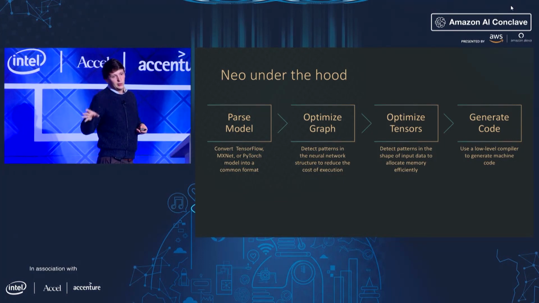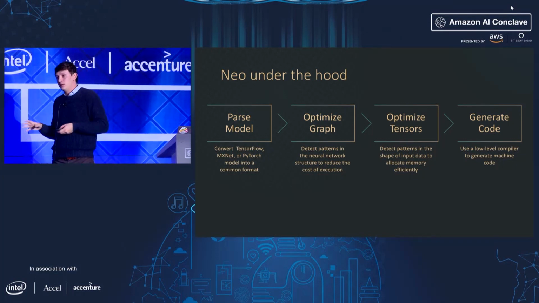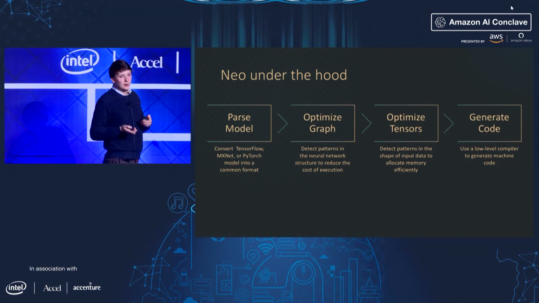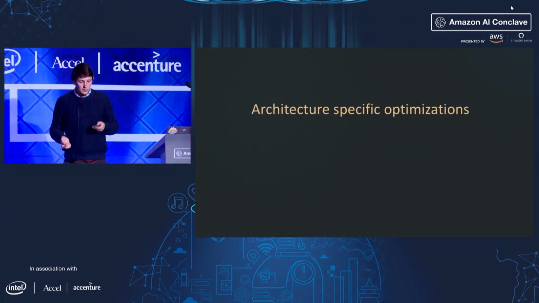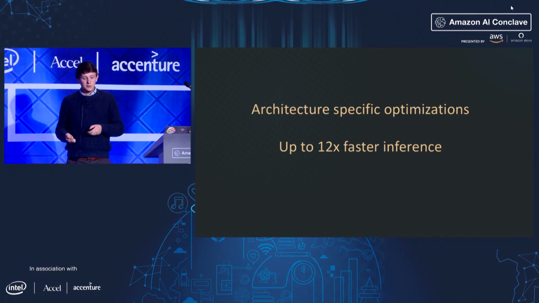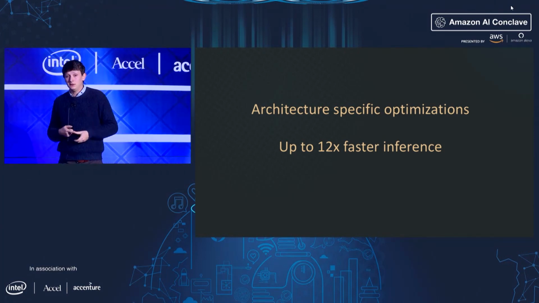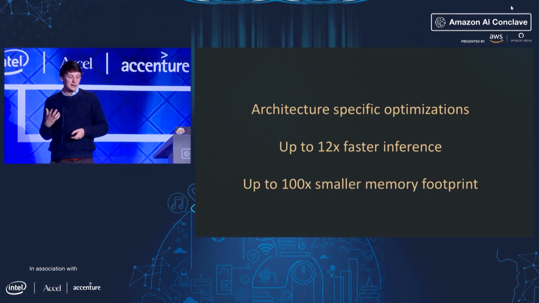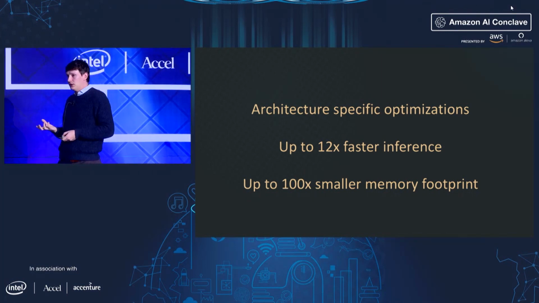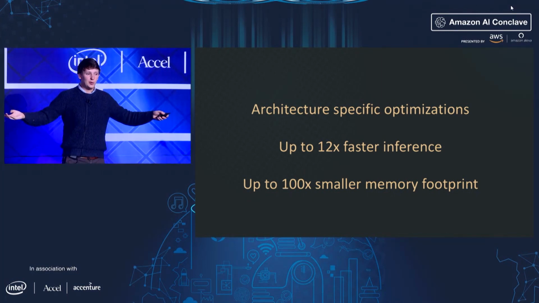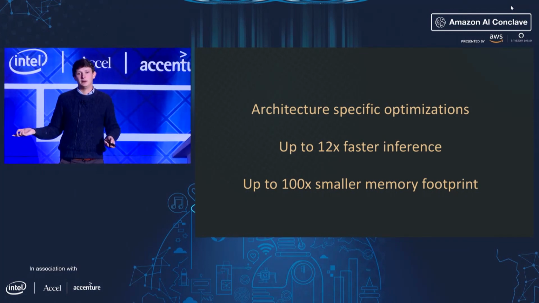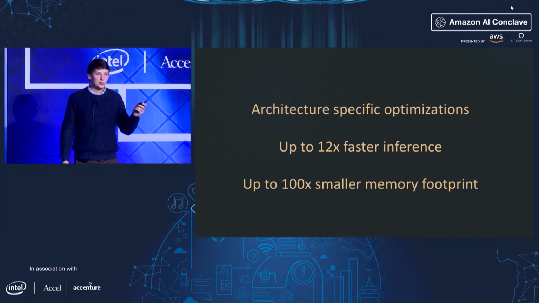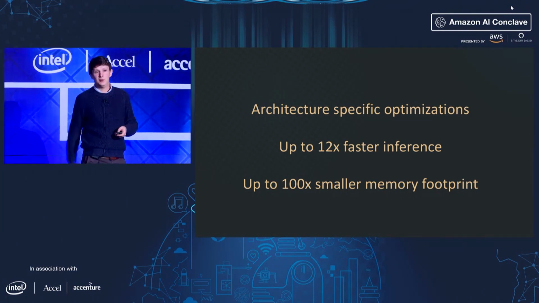And then for each target, architecture specific, you convert this tensor operation to machine code that is really made for fast execution. Architecture specific optimization can be up to 12 times faster than the stock frameworks, and up to 100 times smaller memory footprint. When you think about it, MXNet and TensorFlow are libraries with so many operators. You can do all sorts of convolution, transpose convolution, pooling, average pooling, batch norm, layer norm, and whatnot.